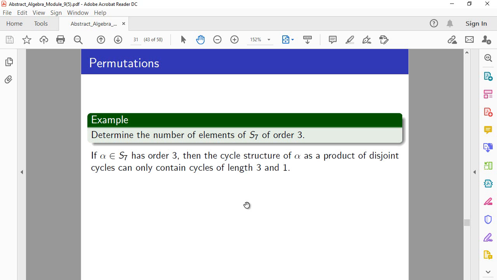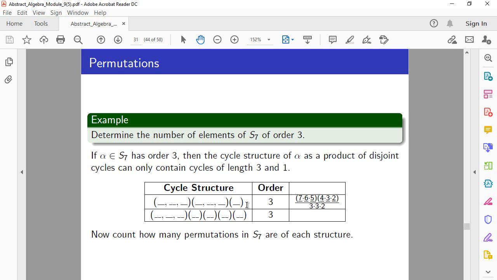If alpha has order 3, then the cycle structure of alpha as a product of disjoint cycles can only contain cycles of length 1 and 3. So the disjoint cycle structure of alpha will either be a cycle of length 3 with a cycle of length 3 and a cycle of length 1, or it could be a cycle of length 3 with 4 cycles of length 1.